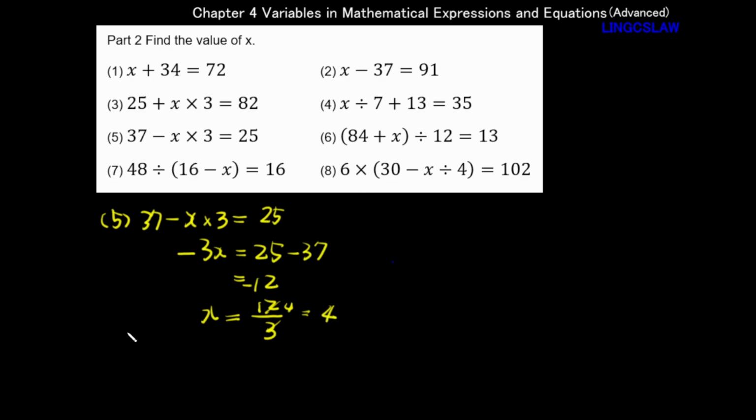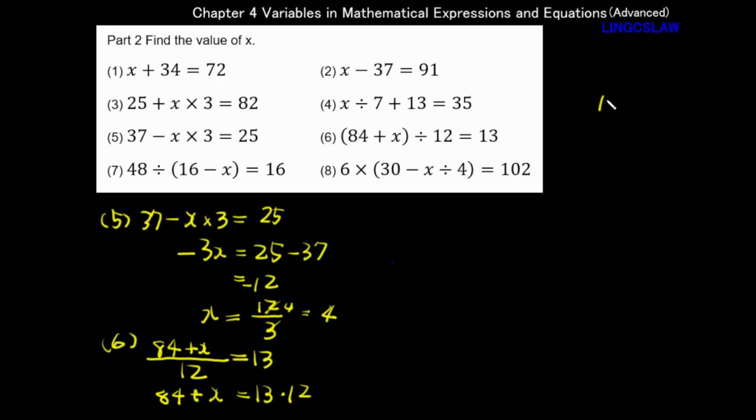And number 6, 84 plus x divided by 12 equals 13. And let's multiply both sides by 12. 84 plus x equals 13 times 12.